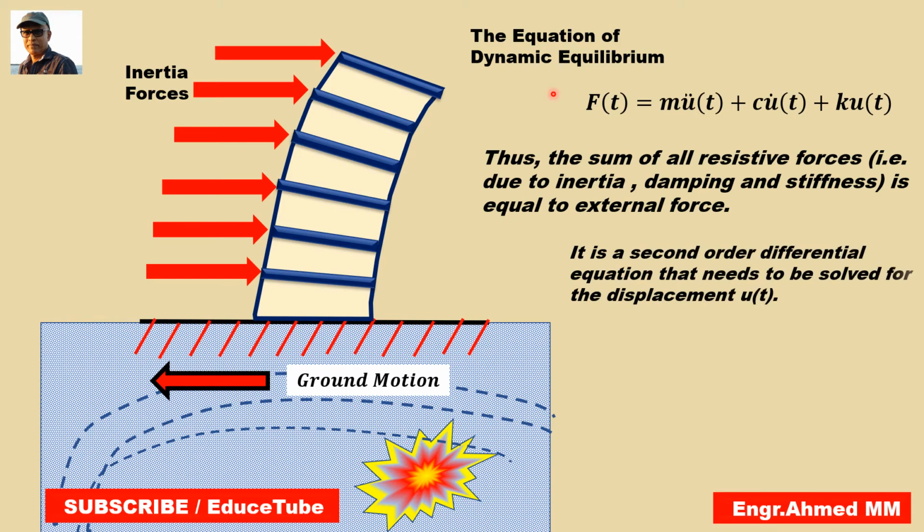Also we can write, if you look at this, it is second degree. This one creates the equation, it is a second order differential equation that needs to be solved for this displacement.